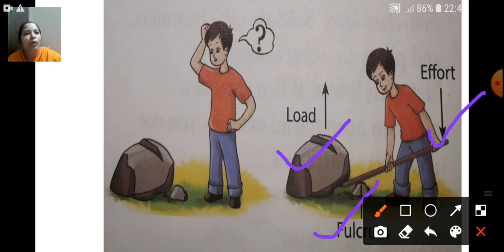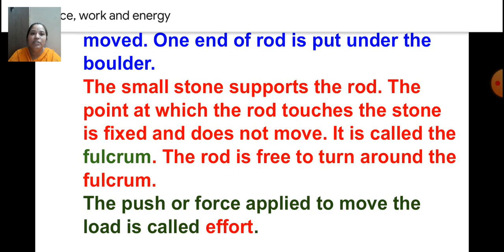Now here the boy is applying force to move that stone, and that is known as effort. So this arrangement where a rod is used to move a bigger stone with the help of a smaller stone is known as a lever. Today we'll learn more about lever in detail.